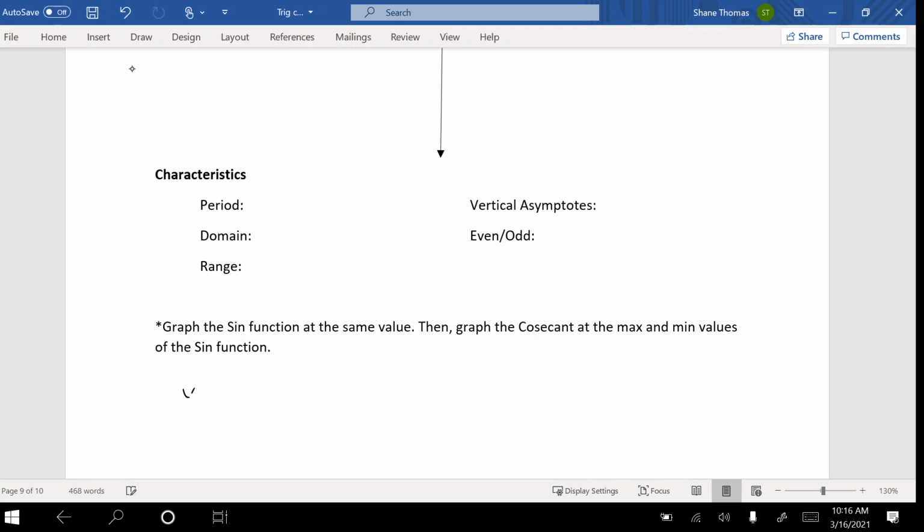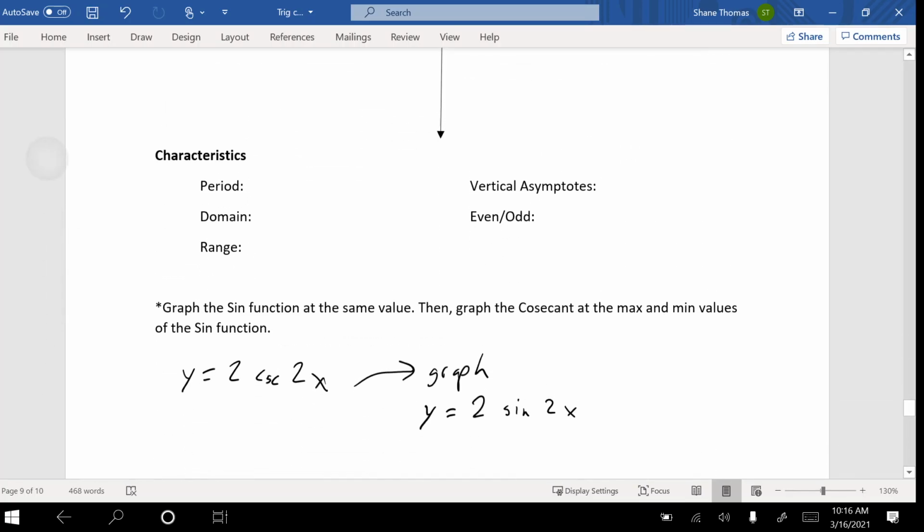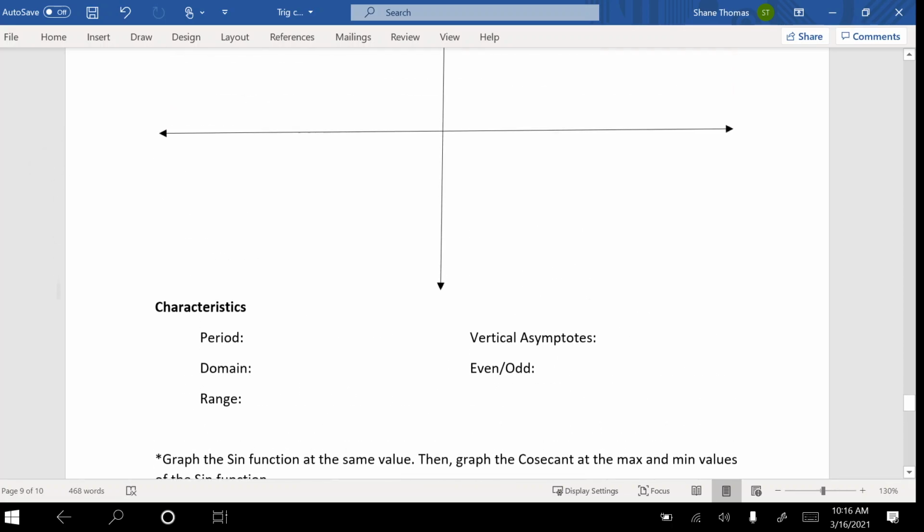So if you were ever given something like y equals 2 cosecant 2x, I just made an equation up, you would just change it from cosecant to sine. So you would graph y equals 2 sine of 2x. And if you graph that, then you can use that graph to come up with your cosecant graph. All I did was change it from cosecant to sine in the equation.